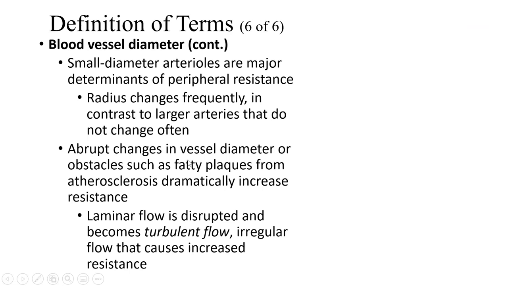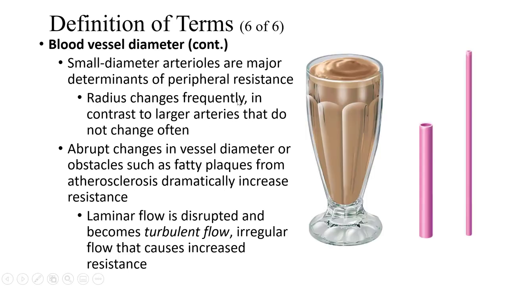So, small diameter arterioles are the major determinants of peripheral resistance, because arterioles are the ones that can abruptly respond to hormones so that they can constrict or dilate.